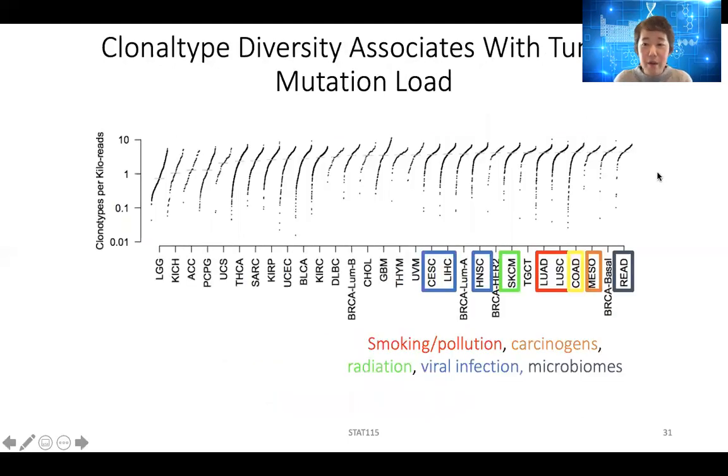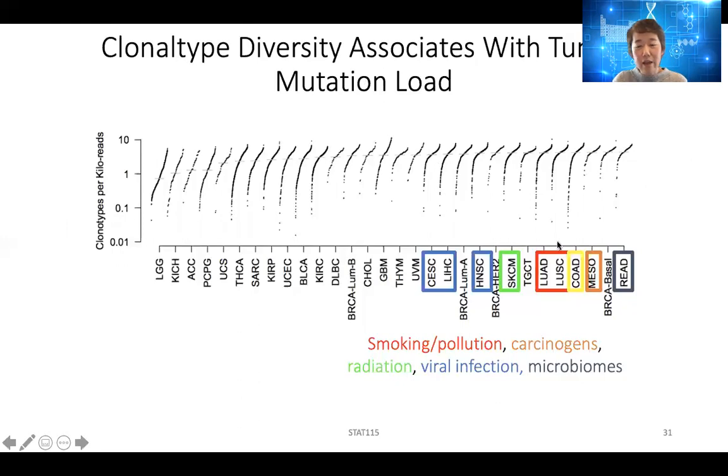And then we can look at the diversity of the TCRs in the tumor. And this is something that is in one of our earlier papers. You can see the tumors on the left side have overall lower mutation burden. And if you look at their overall T cell diversity, they also have lower diversity because you only need 1 to 2 types of T cells to recognize that mutation.